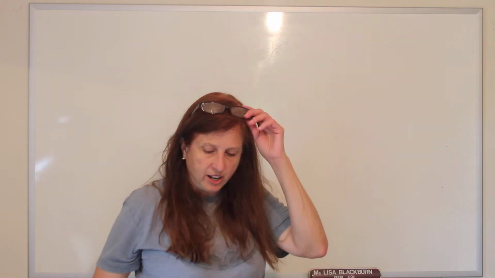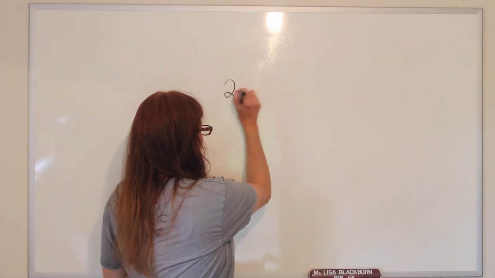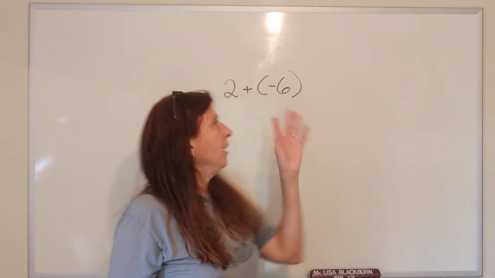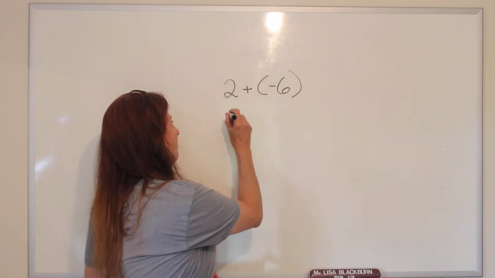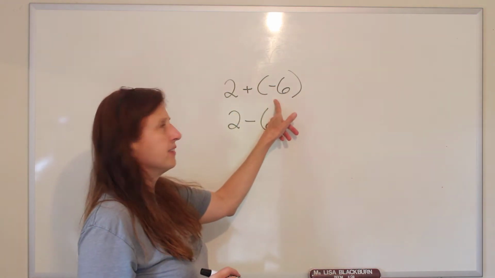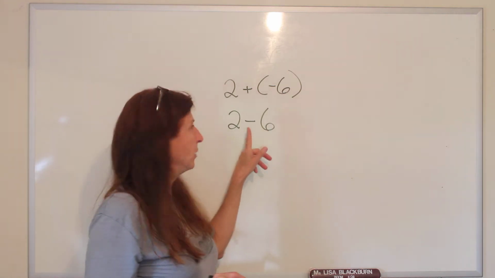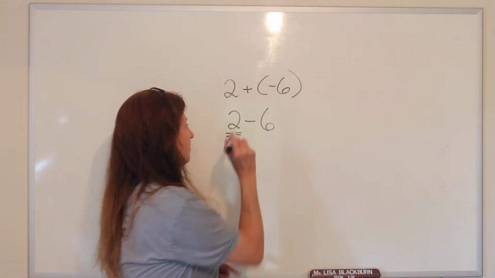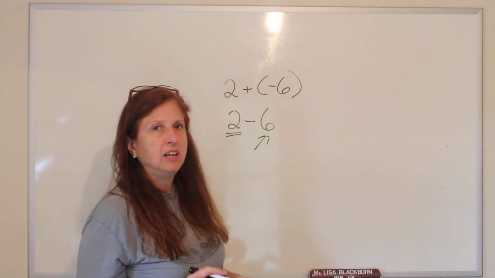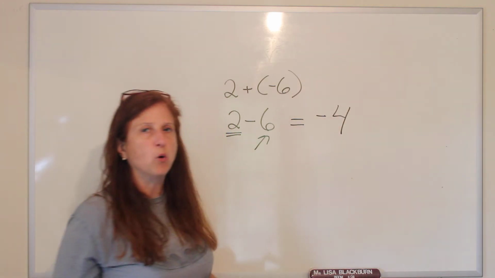All right, let's try another one. 2 plus negative 6. Now, if you have this, it's the same thing as 2 minus 6. That plus parentheses negative, not really important. I like to look at it this way. If I have $2 and I spend $6, I'm going to be overdrawn at my bank $4.